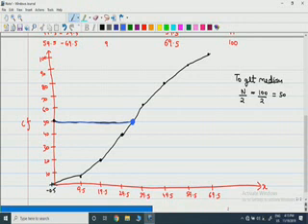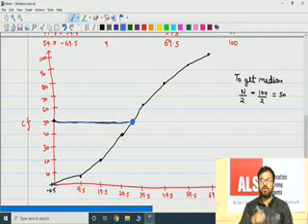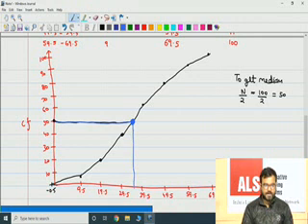Now from that point we have to draw a vertical line, which will intersect the x axis at some point. So if we draw a vertical line like this, it is intersecting the x axis at this point. So at whatever point this is intersecting the x axis, this point will be known as the median of the data.